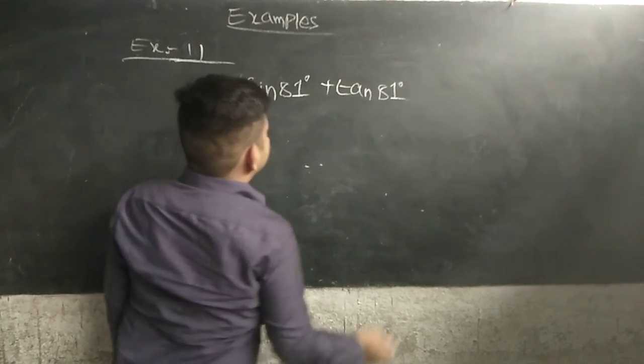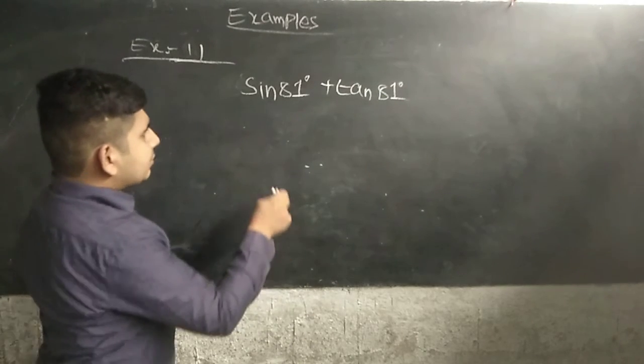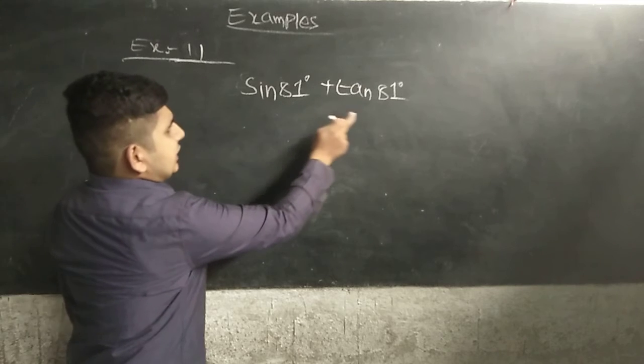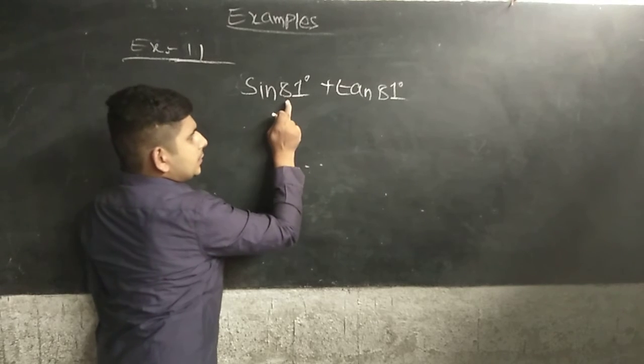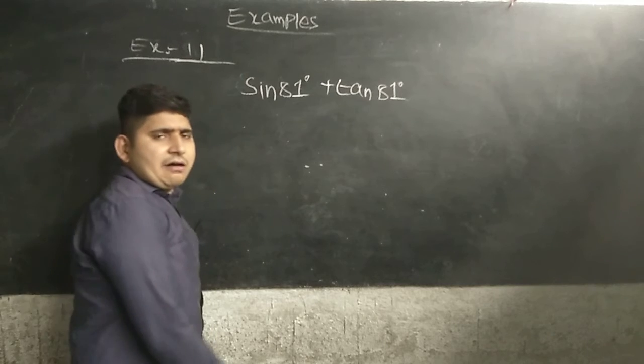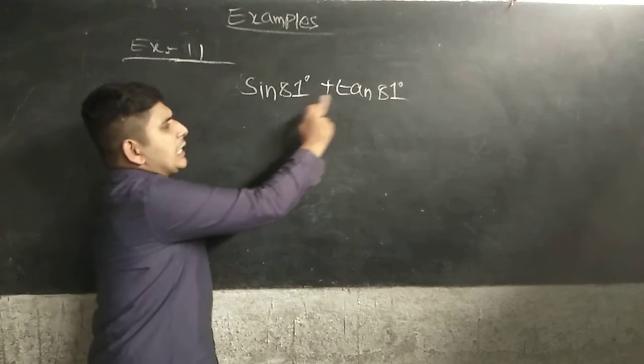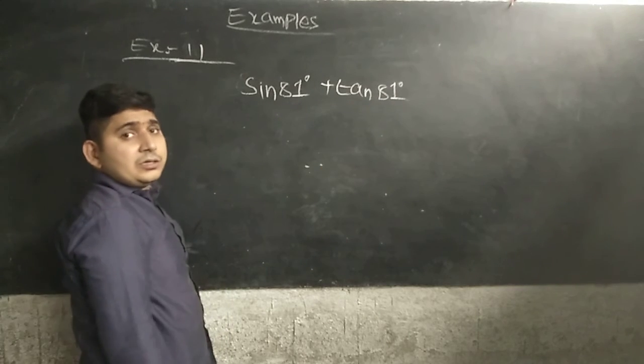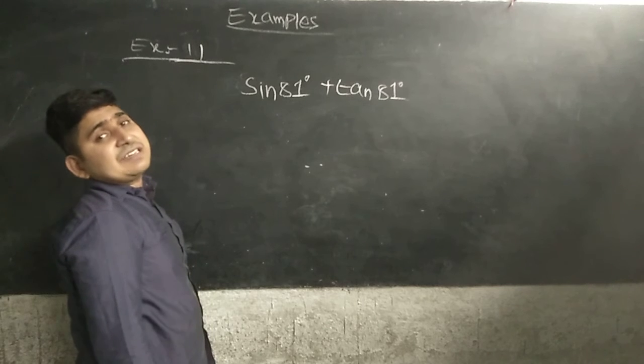Now we have to convert these two angles. These angles are greater than 45 degrees, so we have to convert these two angles to between 0 degrees and 45 degrees.